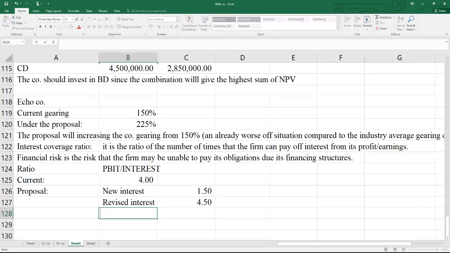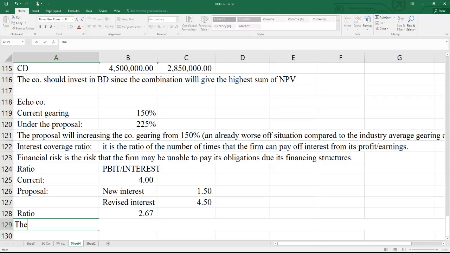Therefore, the ratio will be 12 million divided by 4.5 million, and we get 2.67. So instead of improving the situation in terms of financial risk management, it's increasing. It becomes worse off. The company's financial risk will be increasing. Therefore, this is definitely not a good proposal.